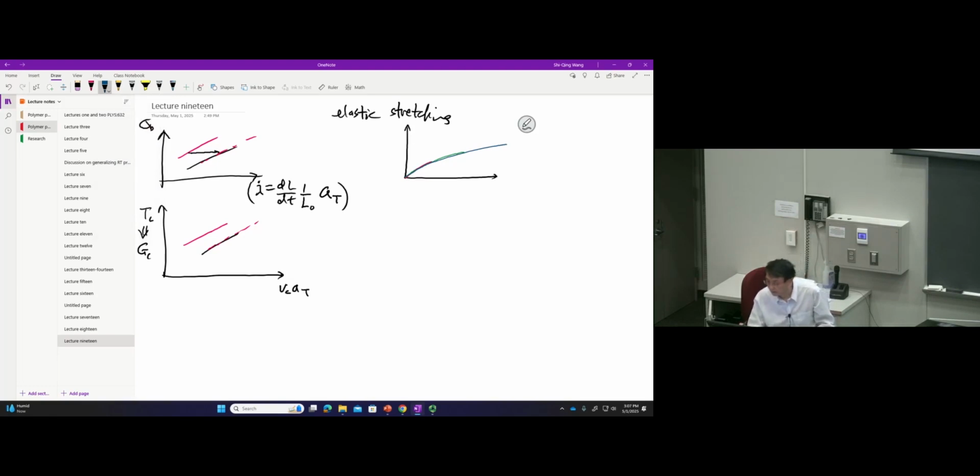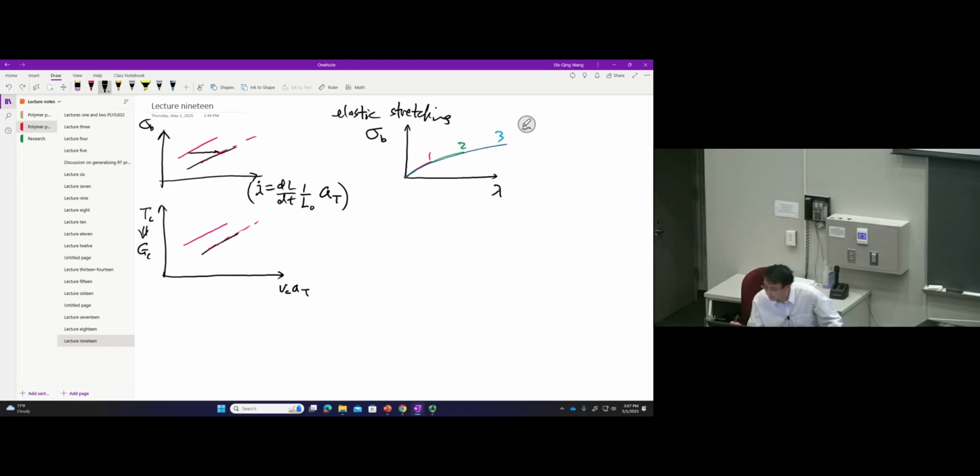So these 3 points could be your 3 rates, or could be your 3 temperatures. Can anyone tell me? Sorry, the lambda dot. Sorry, I'm getting confused now.